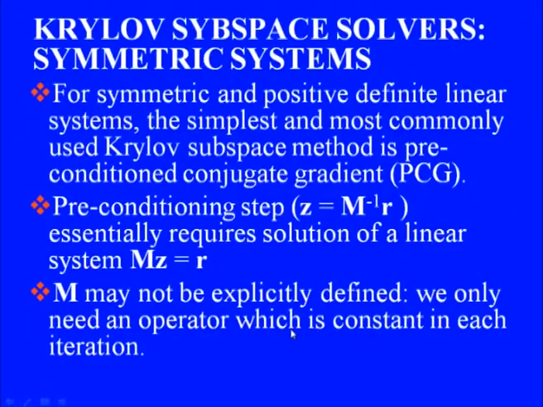M may not even be explicitly defined; we only need an operator which is constant in each iteration, and that operator is represented by the symbol M. So now let us have a detailed look at our PCG algorithm.